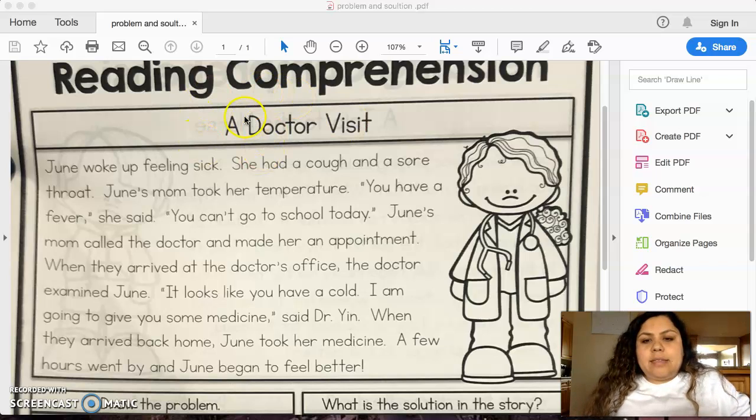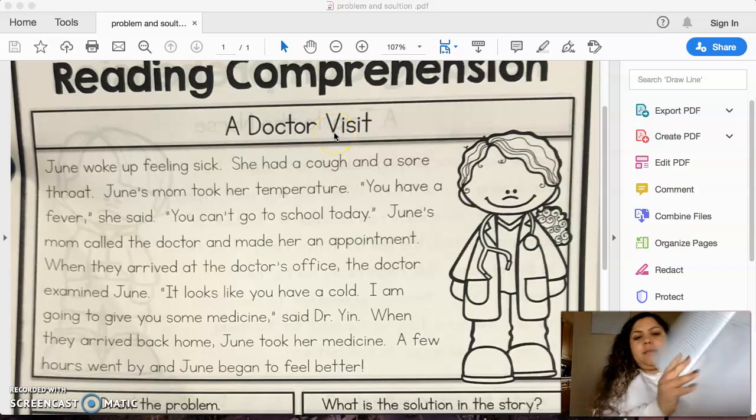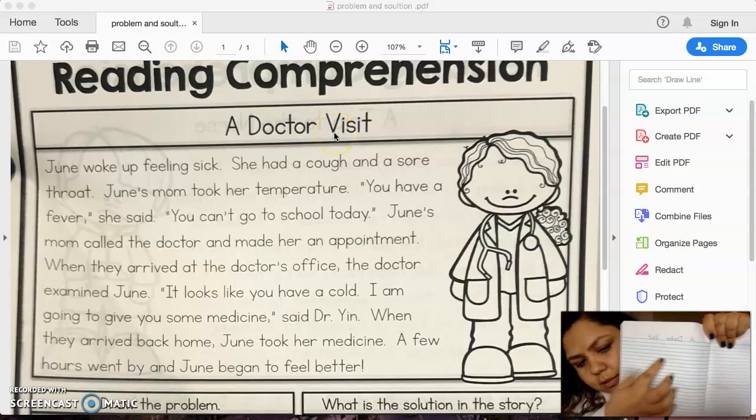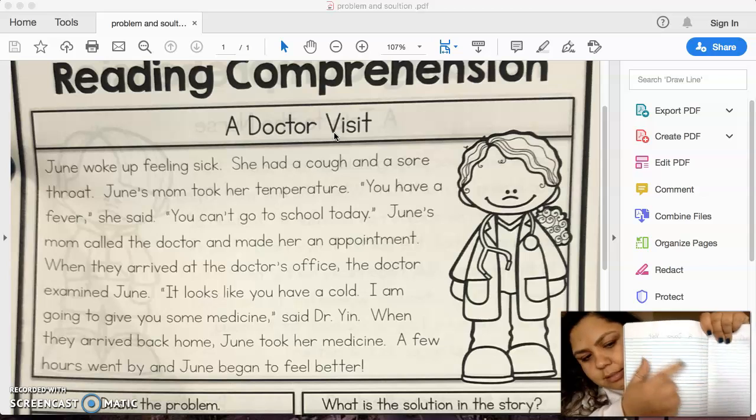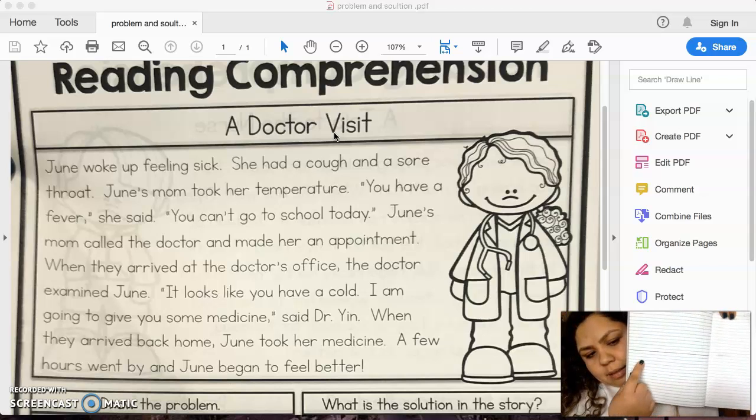The A, the D, and the V are capital because in a title, the first letter of each word is capital. But in a sentence, it's not, unless it's the beginning of the sentence or it is someone's name. So it should look something like this. On the top, I have A Doctor Visit, and then I have the line in the middle.